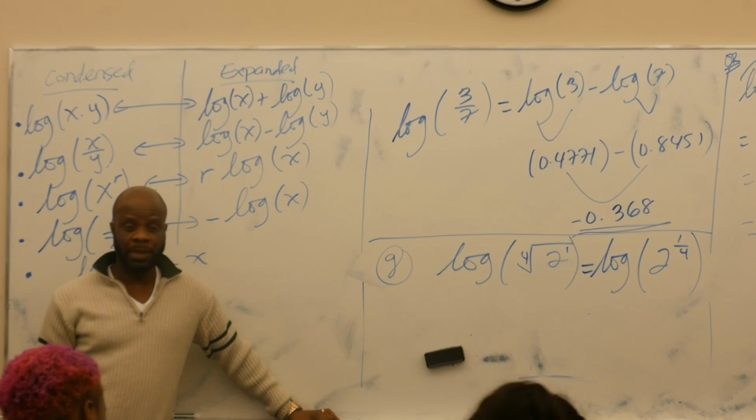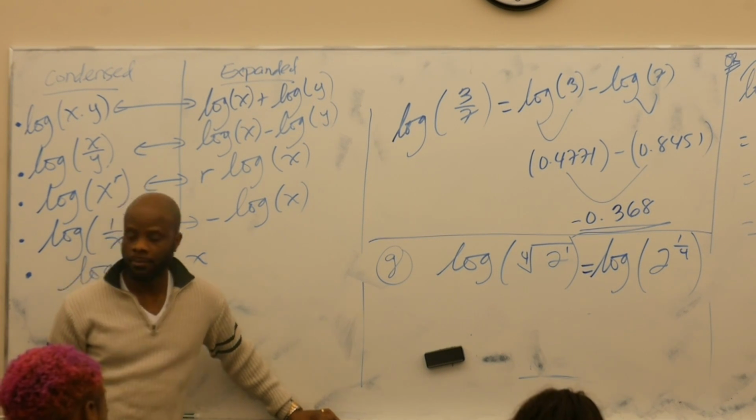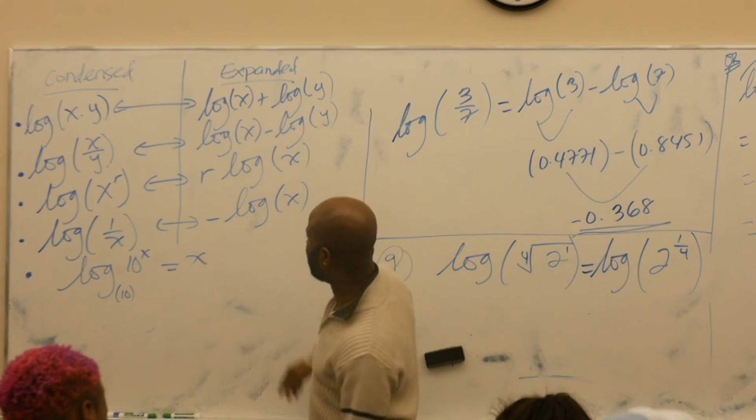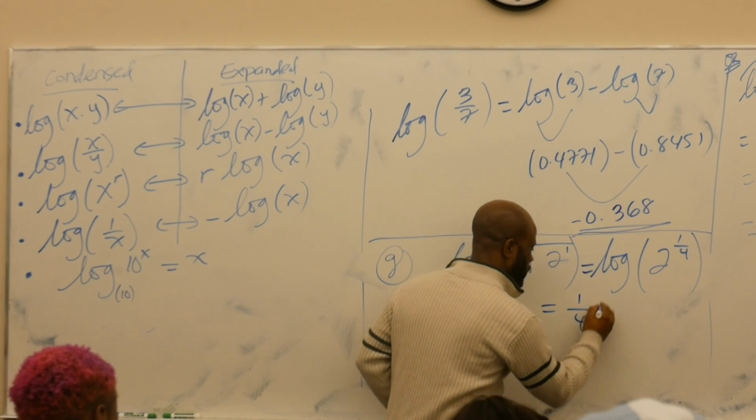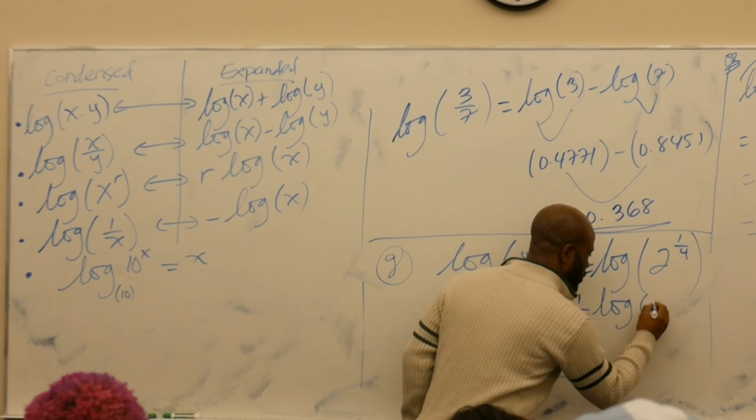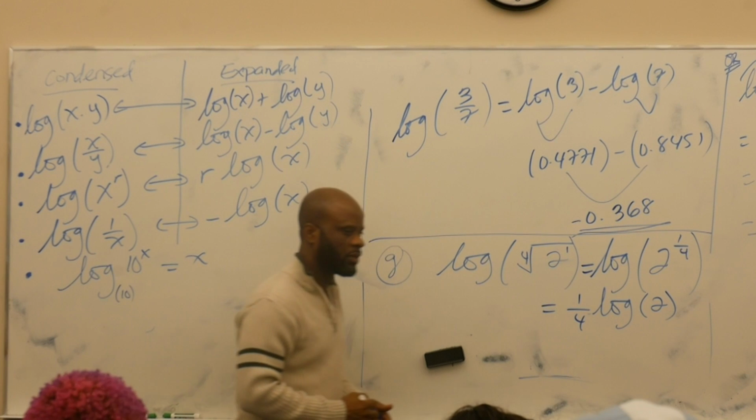Now, what property do we apply to that? The third one, right? So this becomes 1/4 times whatever the log of 2 is.